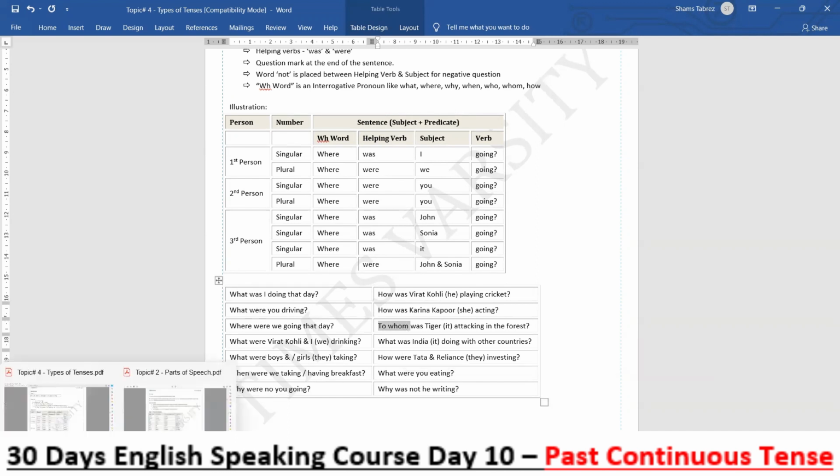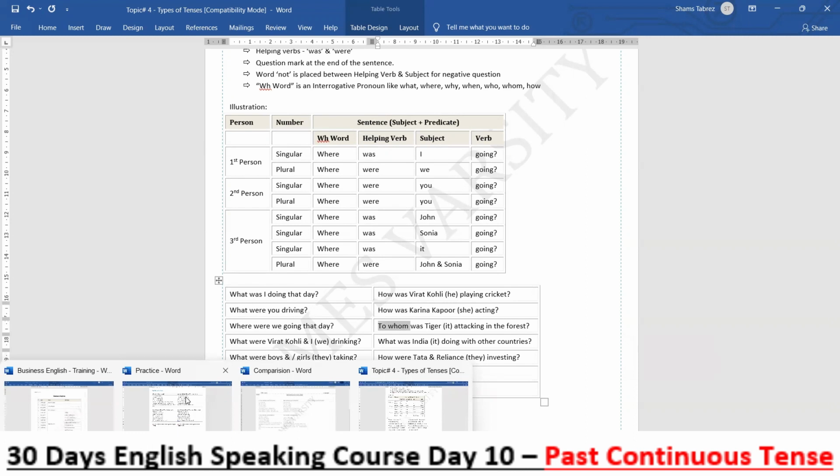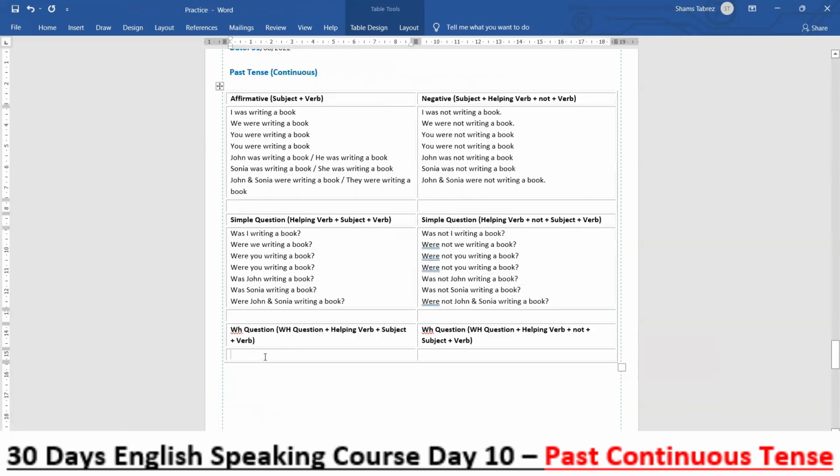Okay. So let's make some examples here. Any volunteer, by using the right verb? What was I writing? What were we writing?